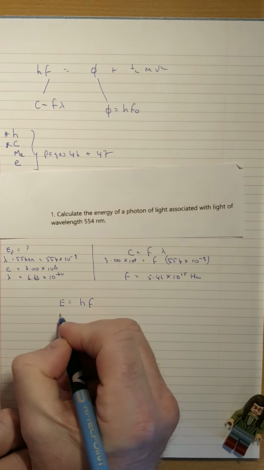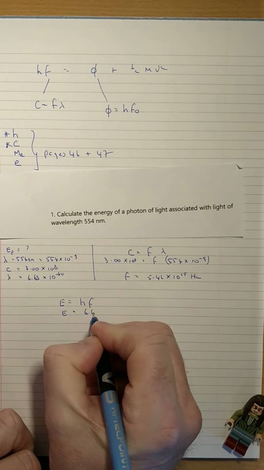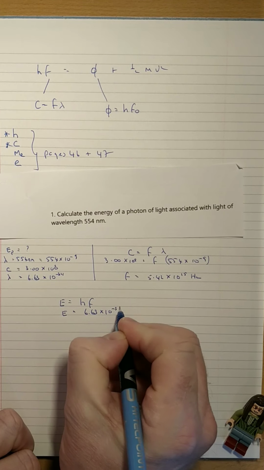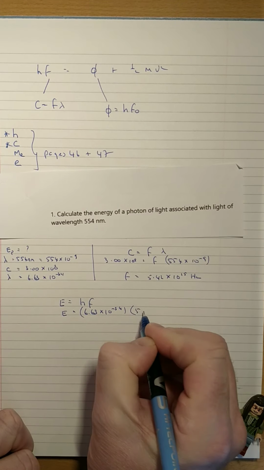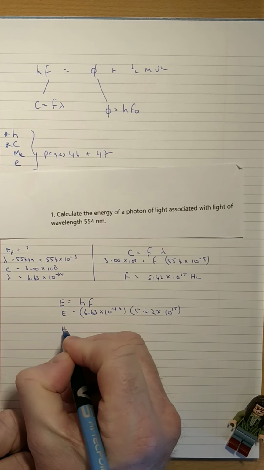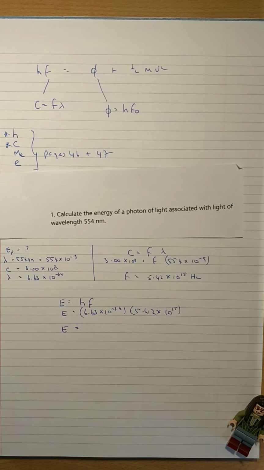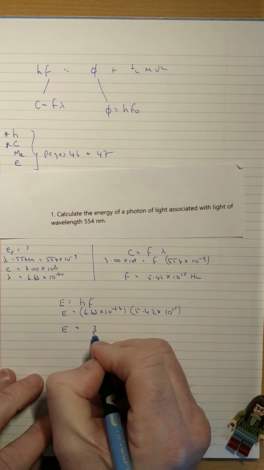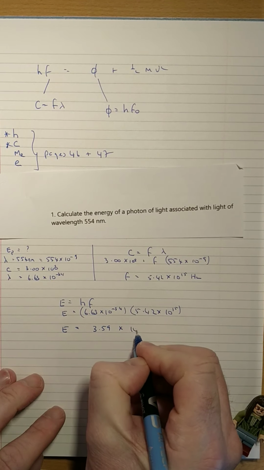We're now in business because we're looking for the energy. So 6.63 by 10 to the minus 34 by the frequency of 5.42 by 10 to the power of 15. Fill them in and we get an energy of 3.59 by 10 to the minus 18.